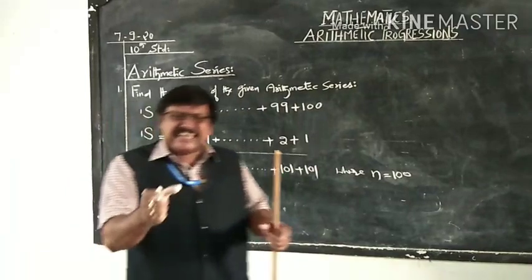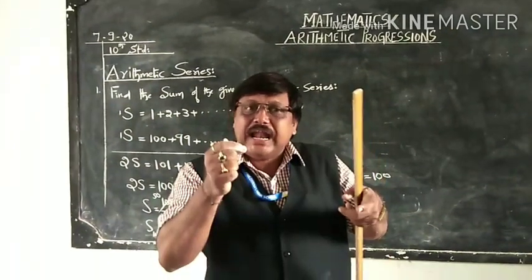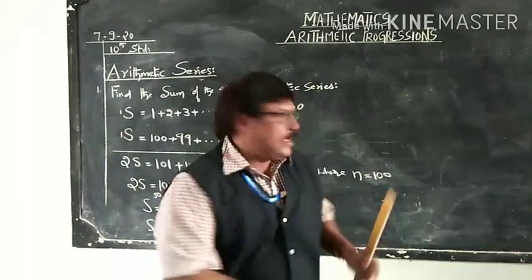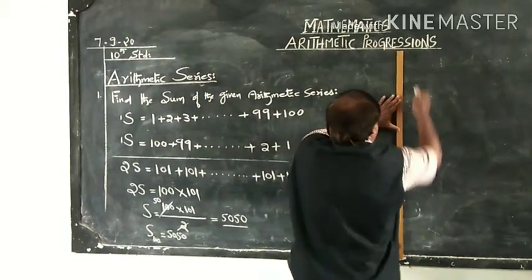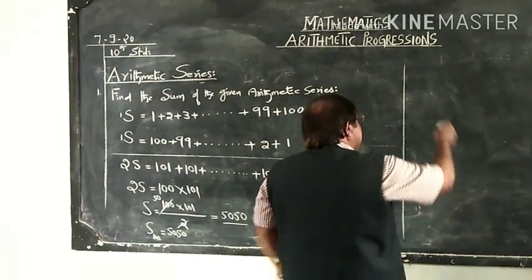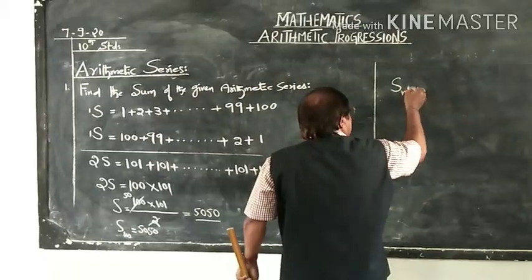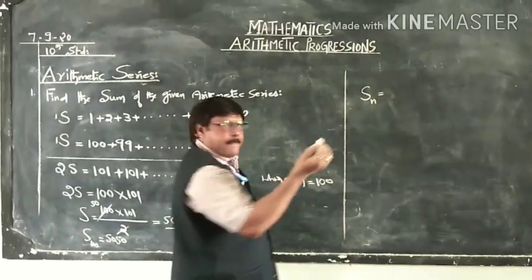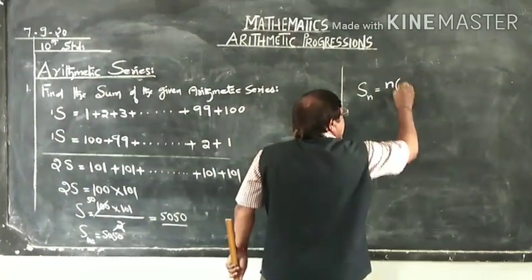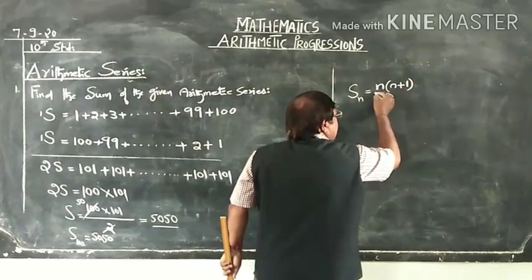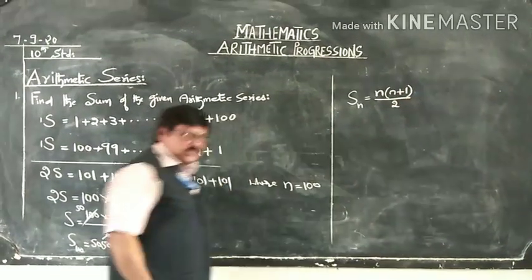From this, I can give a formula. The obtained formula is Sn equal to n into n plus 1 divided by 2. You can observe this.